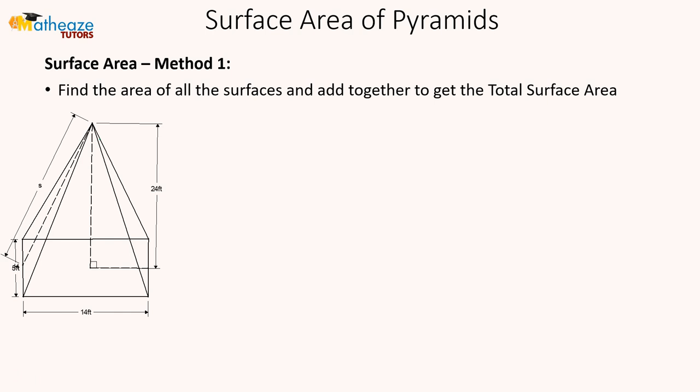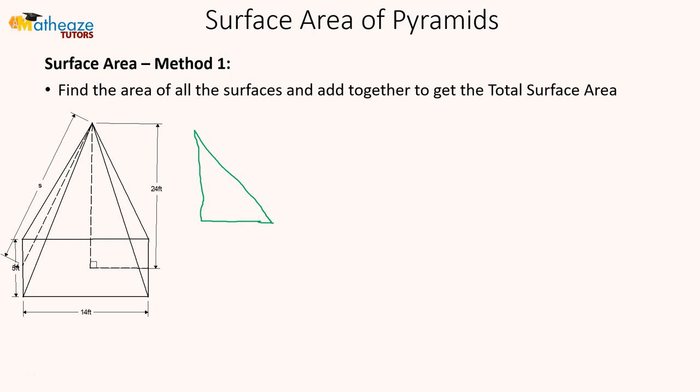So here's what's going to happen. You're going to have a triangle that looks like that. And so we have a triangle that looks like this with a base, because it's the altitude from the top to the bottom of the pyramid.